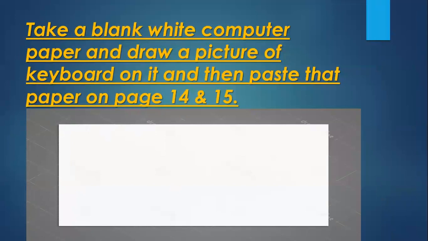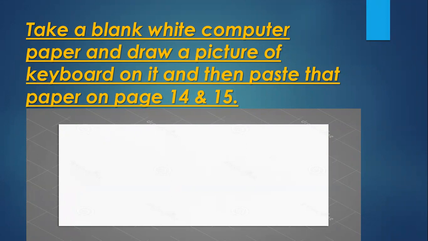And your second task is that you have to take a blank white computer paper and draw a picture of keyboard by watching the picture from your book, and you have to draw that picture on a blank computer paper and then paste that paper on page number 14 and 15.